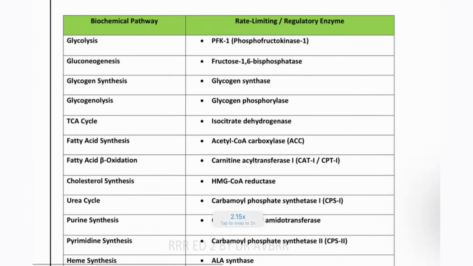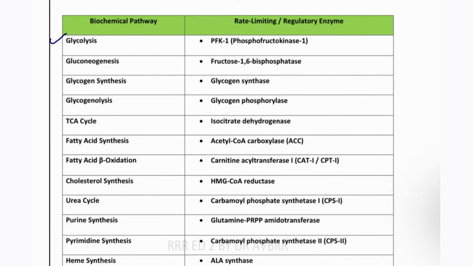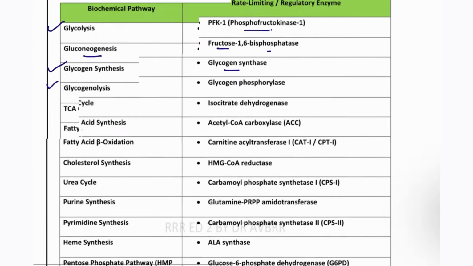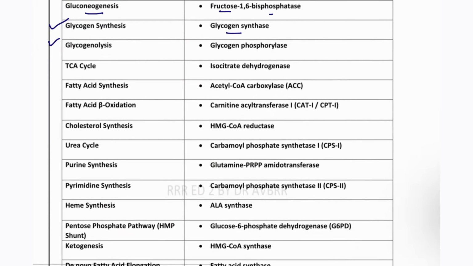Next, moving on to the rate limiting steps. The important one, glycolysis: the rate limiting step is phosphofructokinase. Gluconeogenesis: fructose 1,6-bisphosphatase. Glycogen synthesis: glycogen synthase. Glycogenolysis: glycogen phosphorylase. TCA cycle: isocitrate dehydrogenase. Fatty acid synthesis: acetyl-CoA carboxylase.